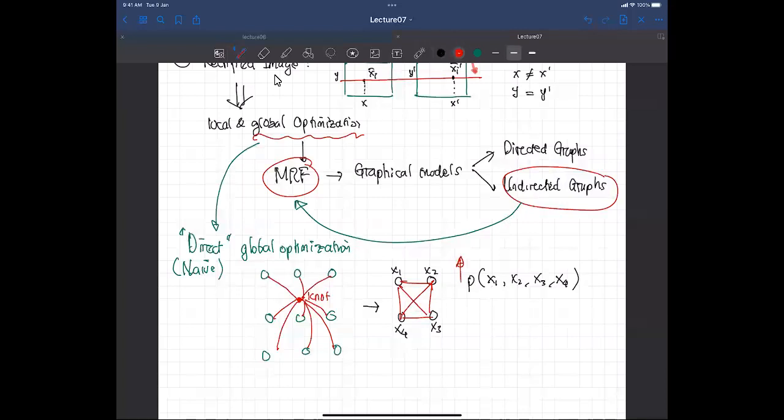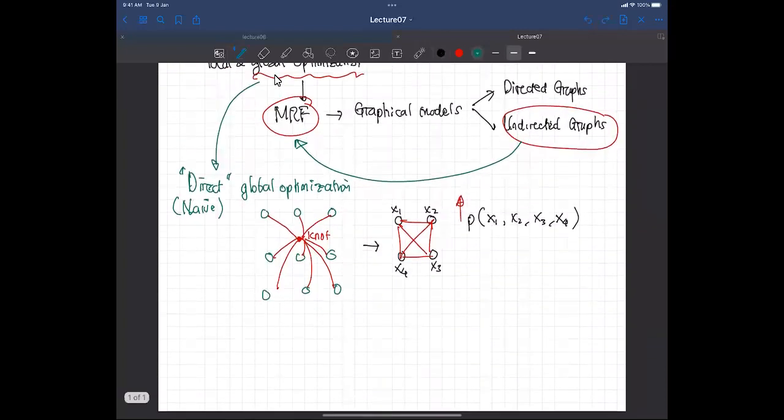What does it mean by this? Assume here that xi, or any x, is only binary, only 0 or 1. A simple binary problem. In this simple binary problem, what we need to do is know the probability of x1 equal to 0, x2 equal to 0, x3 equal to 0, x4 equal to 0.